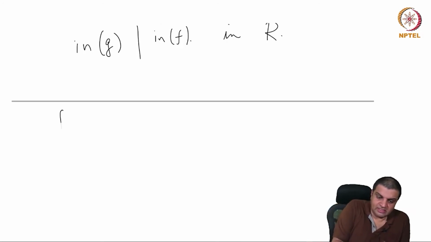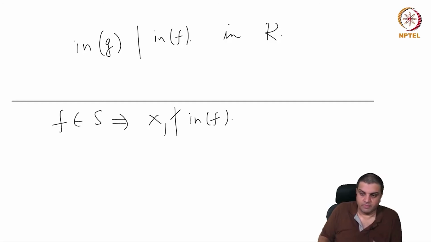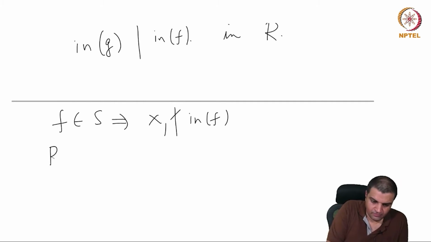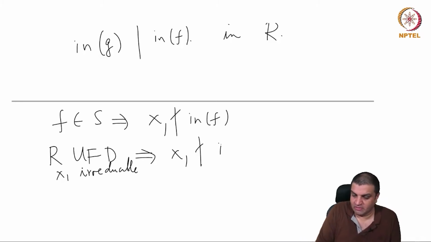Notice that F is inside S, so x1 does not divide the initial term of F. R is a UFD, which means that x1 is irreducible, so x1 does not divide the initial term of g.